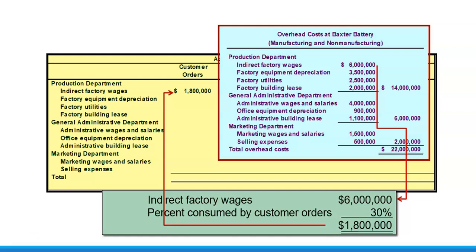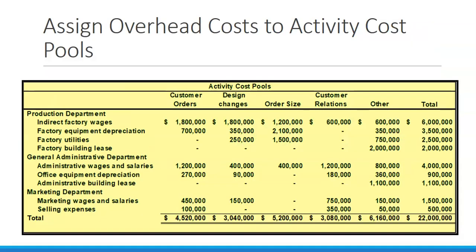So we would take every percentage that was in the last chart times the cost that we have here to get our total cost per pool. So you can see that that has been done in this chart. So we've assigned all of our costs. We now have cost pool totals for all 5 of our activities.